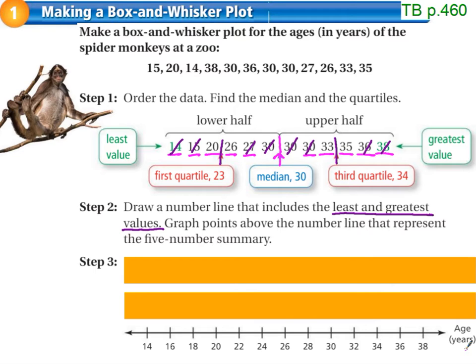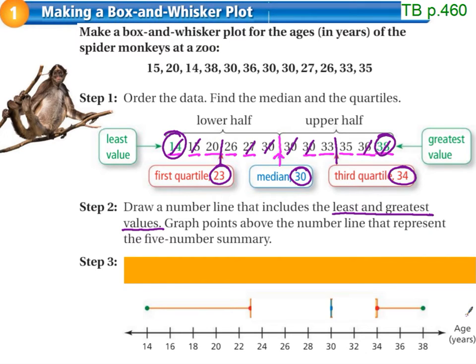Now, once I have my number line drawn, then I need to place a dot above the 5 numbers that I have previously predetermined. The 14 for the least, the 38 for the greatest, first quartile, median, and third quartile. So I'm going to put dots at those 5 locations.